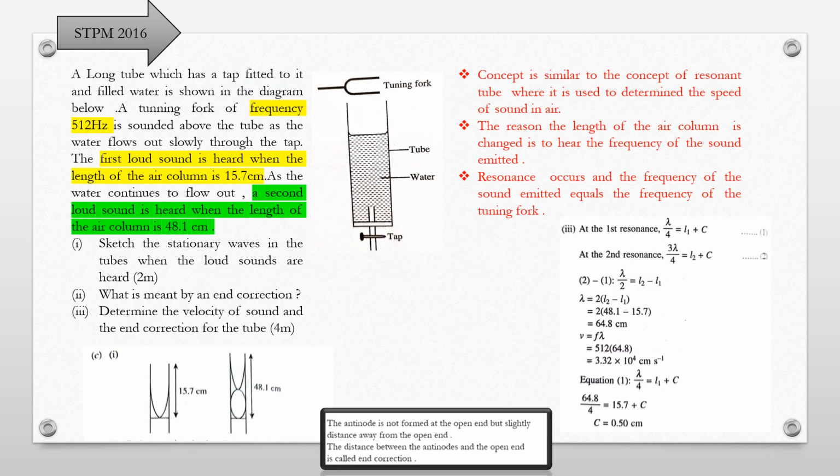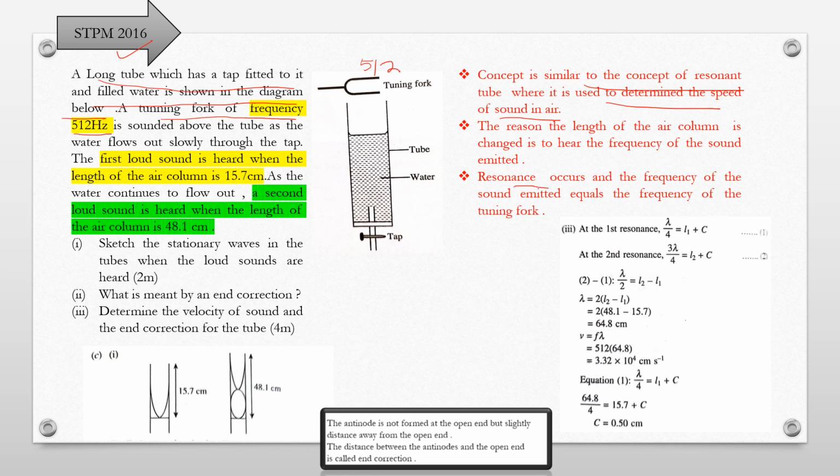Now let's look at the year STPM 2016. A long tube which has a tap fitted to it and is filled with water is shown in the diagram below. A tuning fork of frequency 512 Hz is sounded above the tube as the water flows out slowly through the tap. This shows a concept similar to resonance, which is used to determine the speed of sound in air.